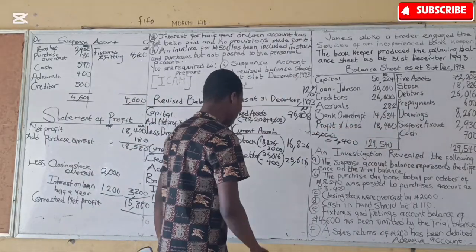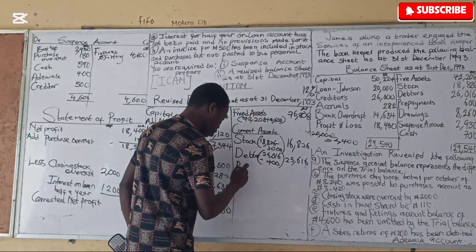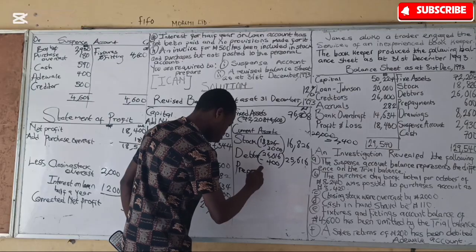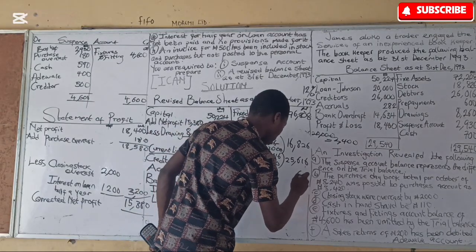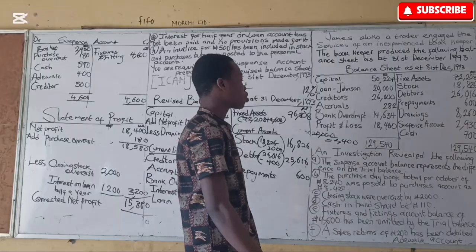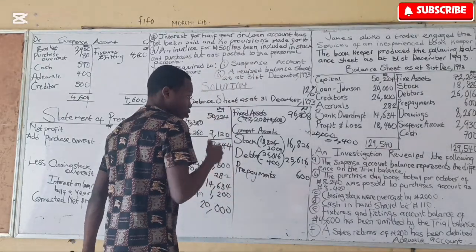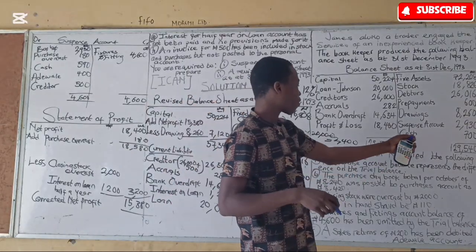We have prepayment. Nothing affects prepayment, so it's moving back to the solution. We have 1,600. Suspense account is not coming here. We have cash.